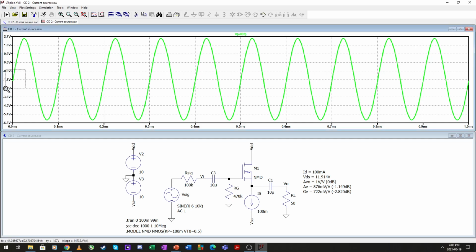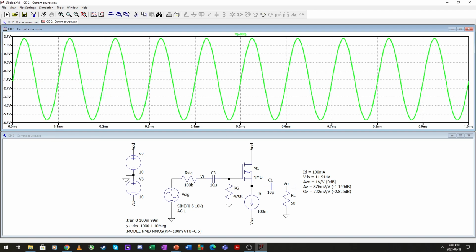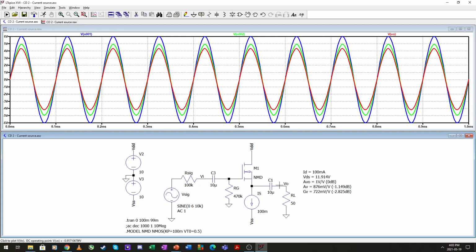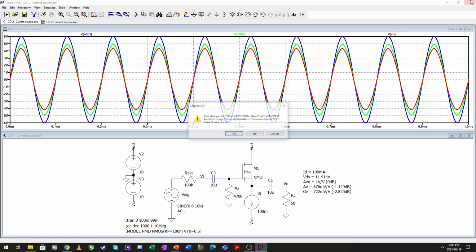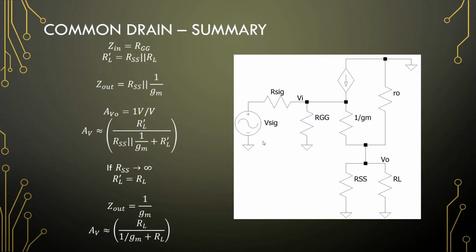So we zoom in, that will be closer to 0.9. Yes. There's our input. There is our input after the loading effect, and there is our output. So our simulations and our models are very well aligned with one another.